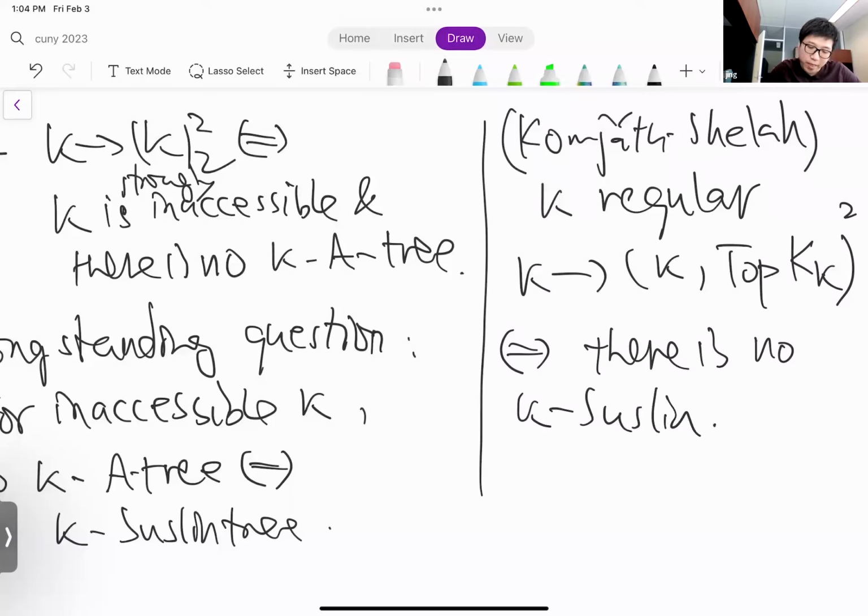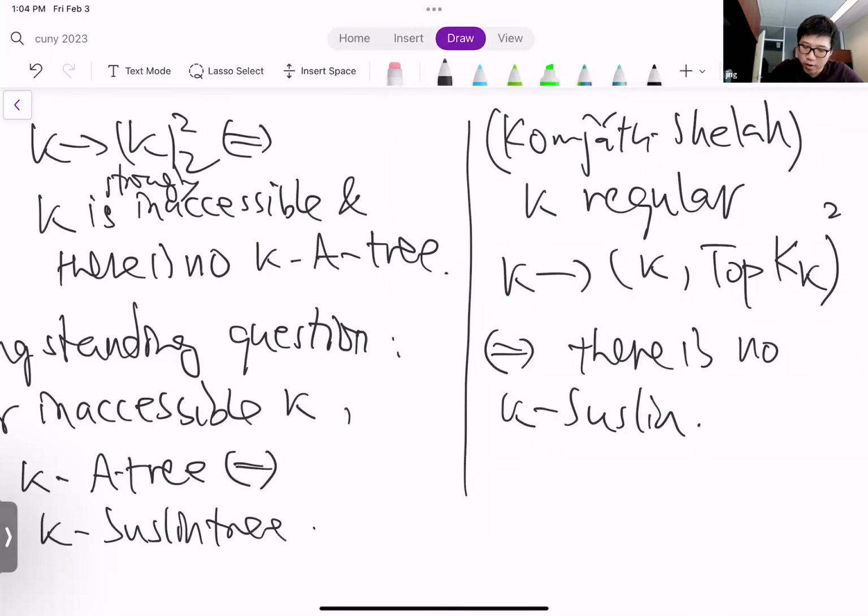I'll explain what this means. This is the first step towards the approximation. If I'm trying to prove a positive result, you better have a characterization of no kappa Suslin tree in terms of the partition relation. This is weaker, so let me explain.